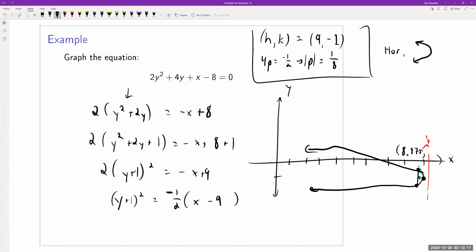And then we would have negative 1 plus or minus to indicate the 2 points, 1/2. These are the 2 points that we have here and here. And the actual vertex is the 9, negative 1. As for the directrix, that would be the line y is equal to 9 and 1/8, or 9.125, except that it is x equals because it is a vertical line.